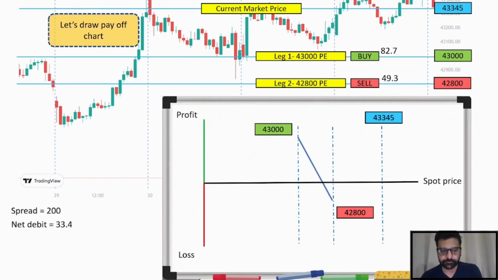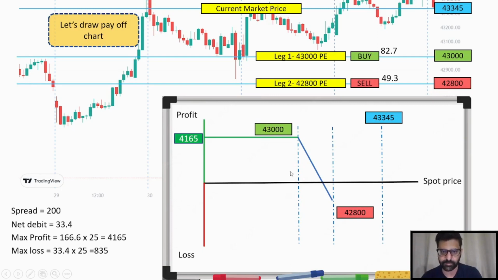So max profit will happen when we are below 42,800. I think there is a mix up here. The 42,800 should be here and 43,000 should be here. I'm sorry for that mistake.